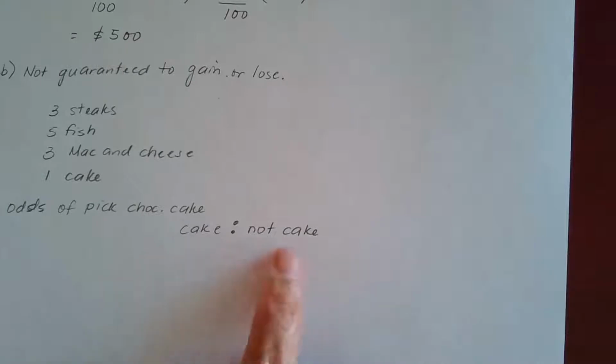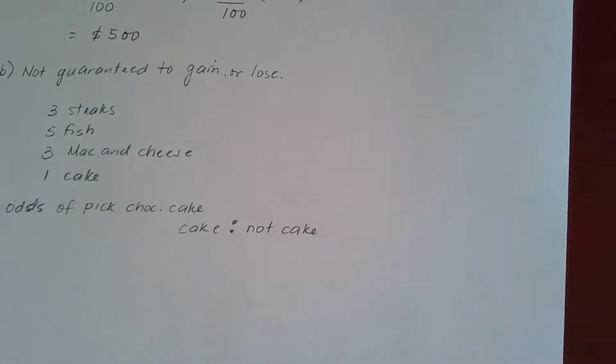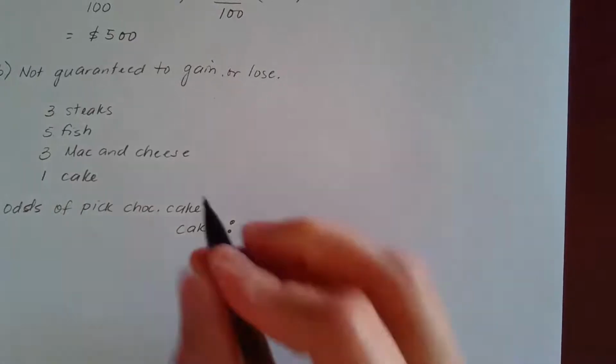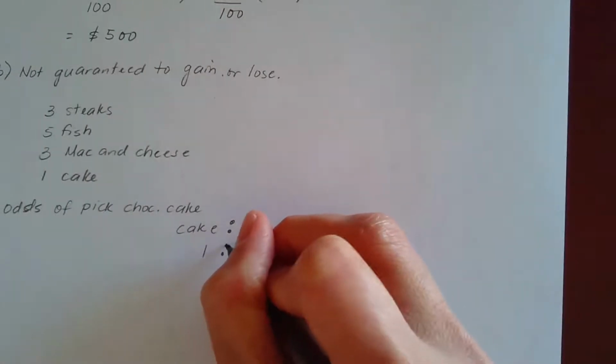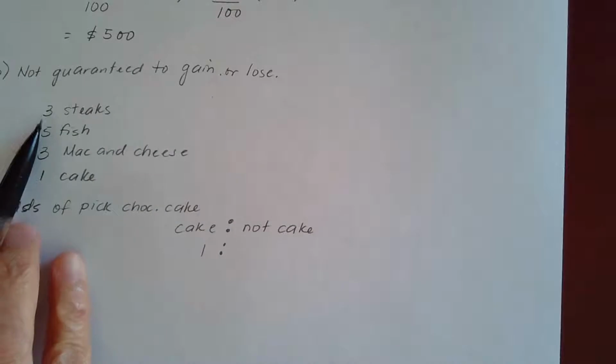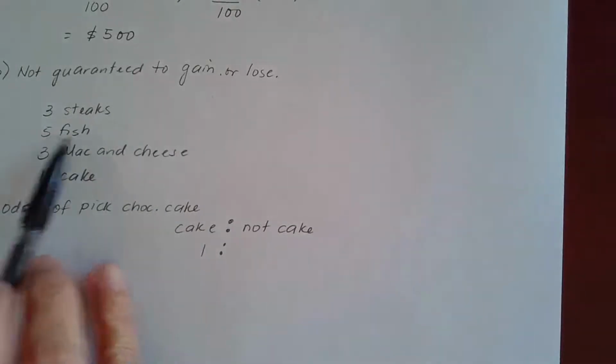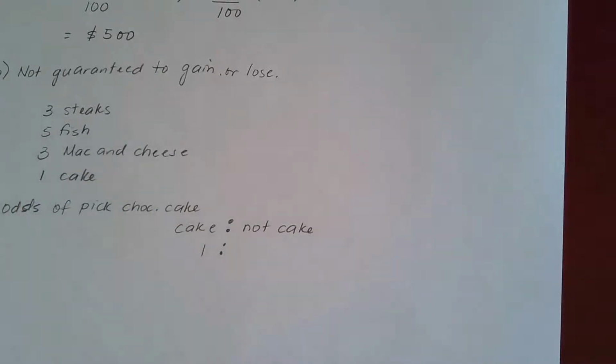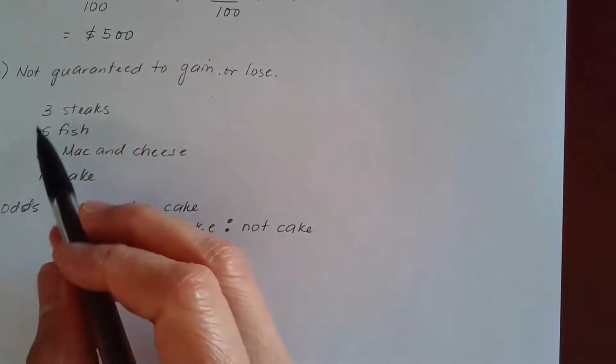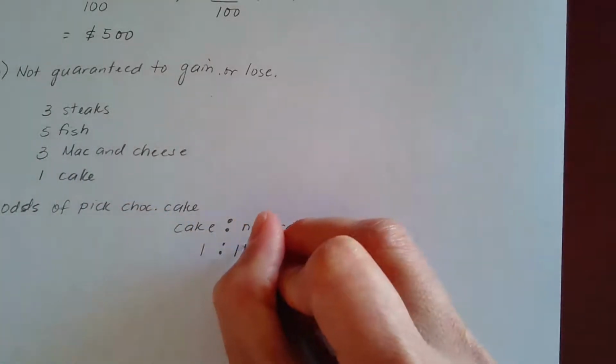If we break it up like that, it's going to be super easy to understand. So cake, there's only one. How many are not cake? Well, these are all not cakes. The steak is not cake, fish is not cake, mac and cheese are not cake. So that's going to give us 11. 1 is to 11.